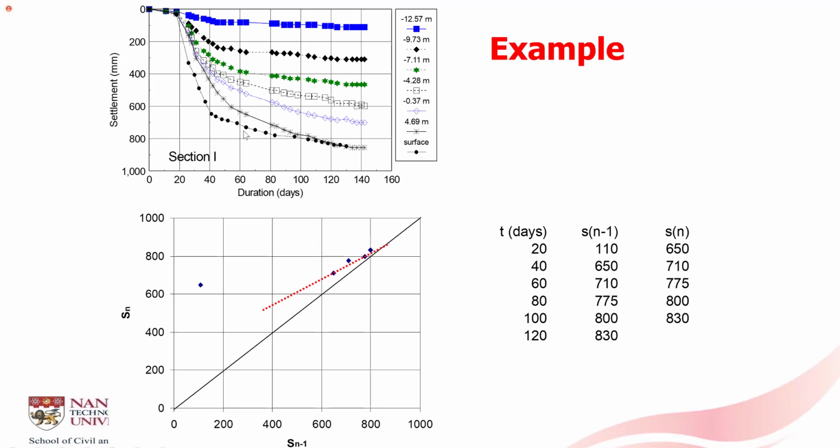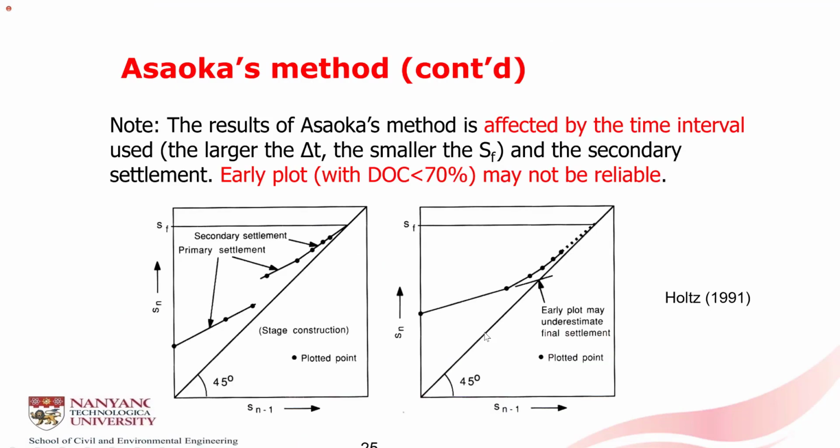If we use this settlement versus time curve, we will be able to divide the settlement for 20 days, 40 days, 60 days, etc. Okay, so we put the numbers over here, and in this way, we will be able to plot the settlement at 20 days versus 40 days at one point, and then 40 days versus 60 days, etc. Then we fit those points by a straight line, then we get the ultimate consolidation settlement.